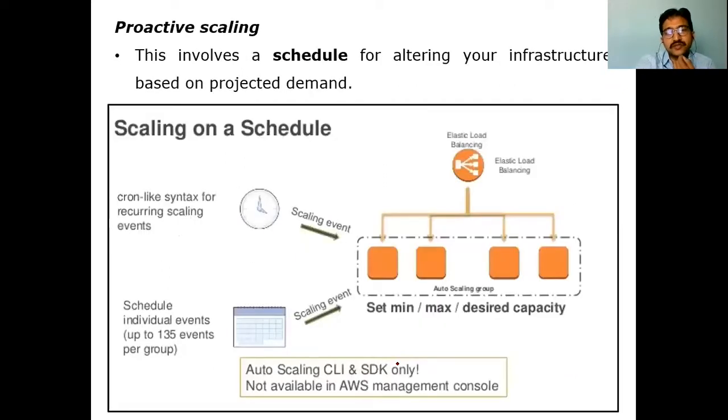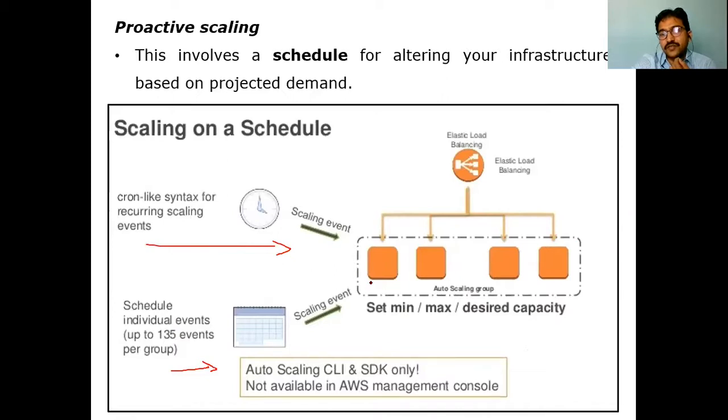See the scenario. This is an AWS example, elastic load balancing. We make scheduled scaling events based on a timing schedule, or individual events based on a date, or we can also make recurring scaling events. Now this is the total capacity, but whenever we require, based on the schedule, it will increase the scaling.